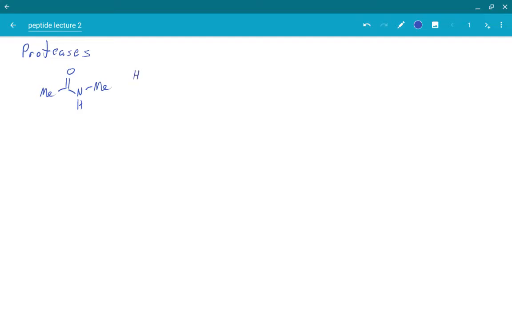Right? So if I take N-methyl acetamide, just a very simple amide, and take it in water, I can hydrolyze this out to the carboxylic acid and methylamine.